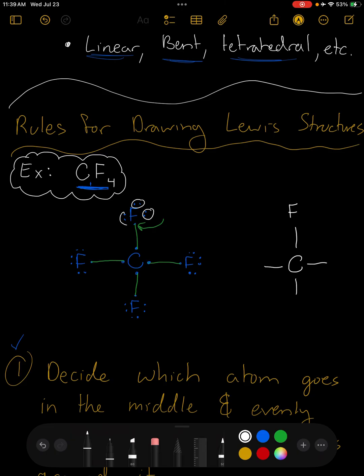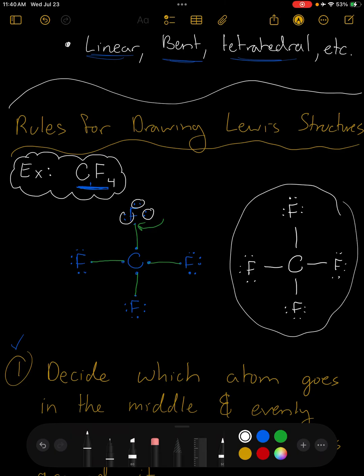So that would be these three on every single one of them. All right, so this is our clean, pretty structure at the end.